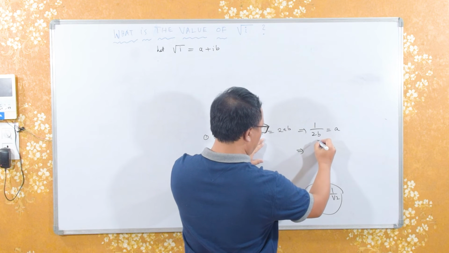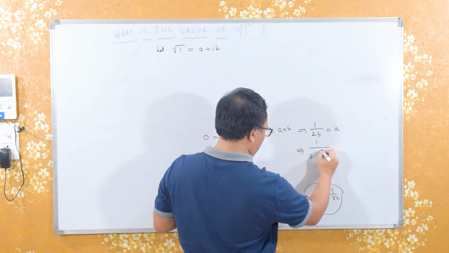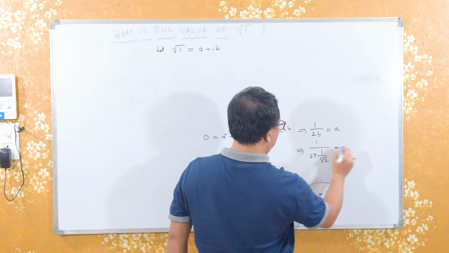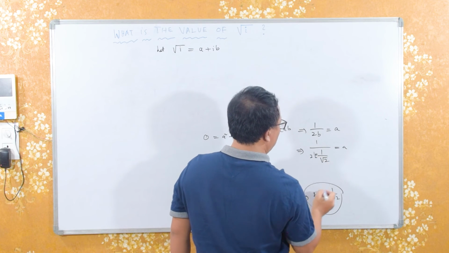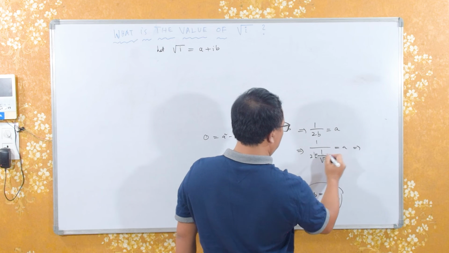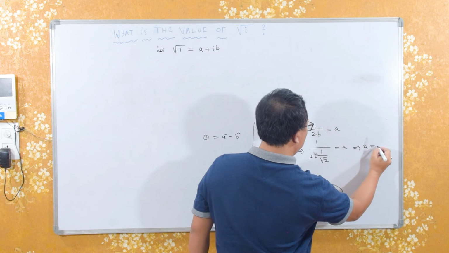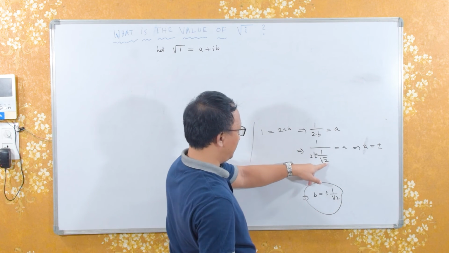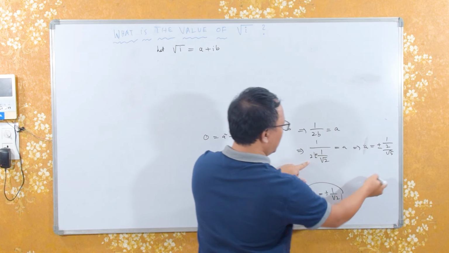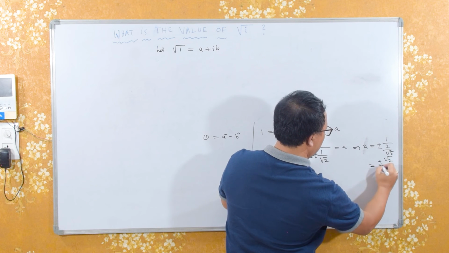It implies a = 1/(2 · (±√2)), so a = ±1/(2√2). Bringing the root up, a = ±√2/2.